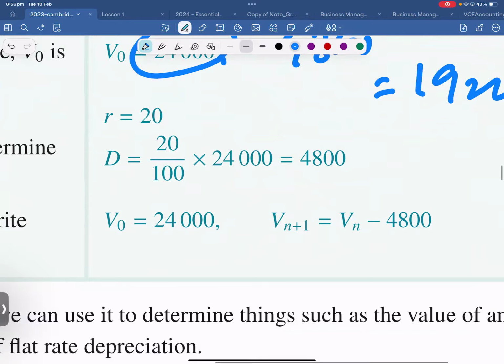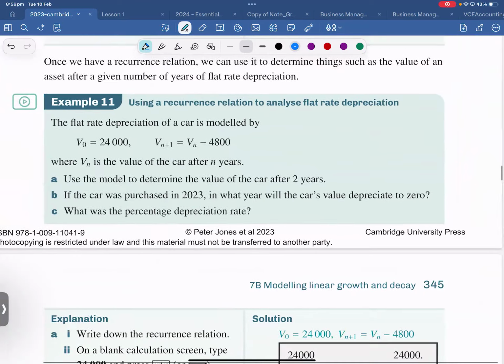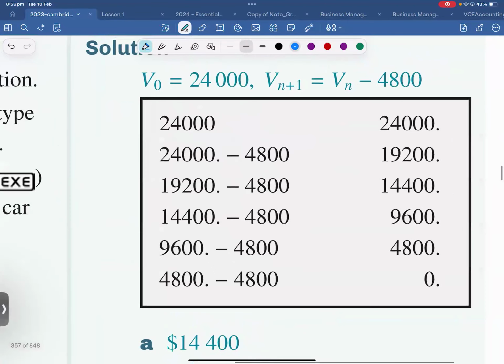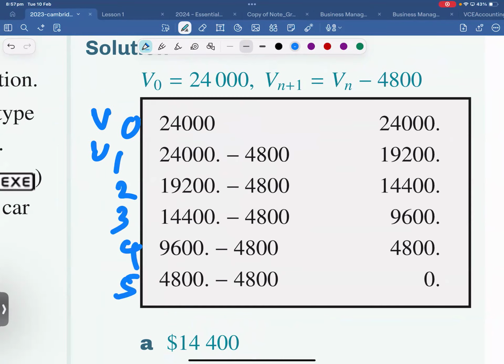If we wrote the values, this is V0, 24,000, then V1, 2, 3, 4. At the end of the fifth year, it will be 0.